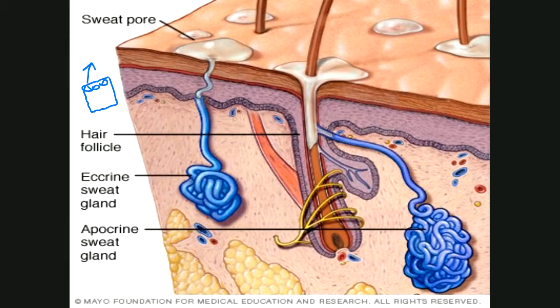The other type is called apocrine secretion. In apocrine secretion, all the secretory product comes to the top of our cell, and then this part of our cell pinches off from the cell. We call it apocrine secretion because our cell loses its apical part.